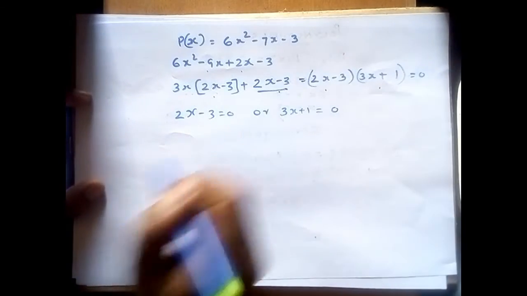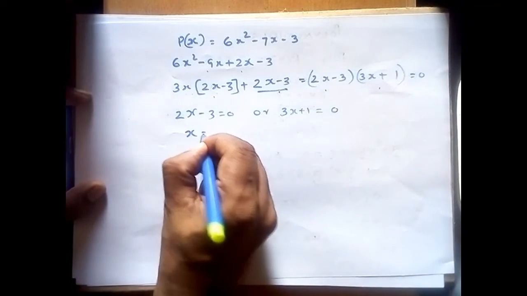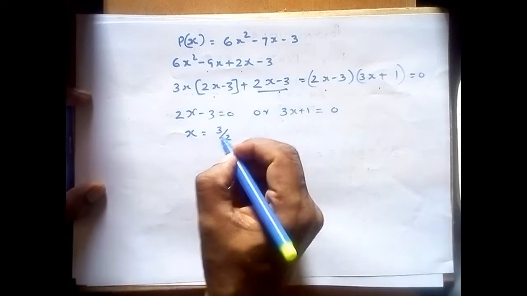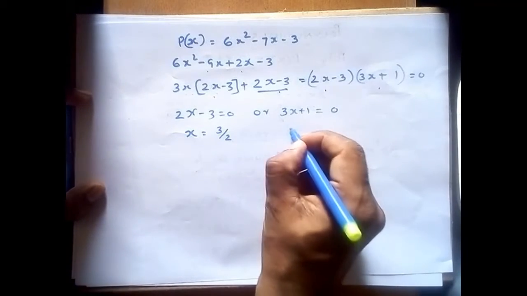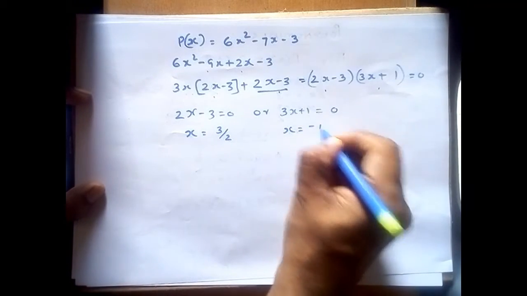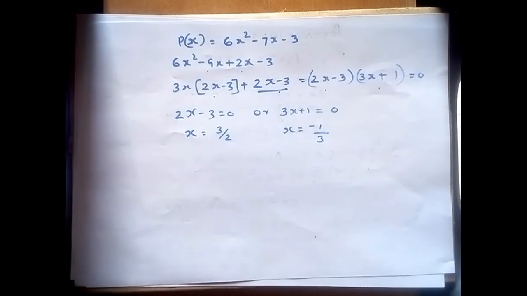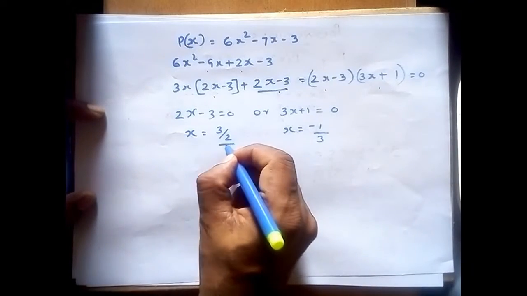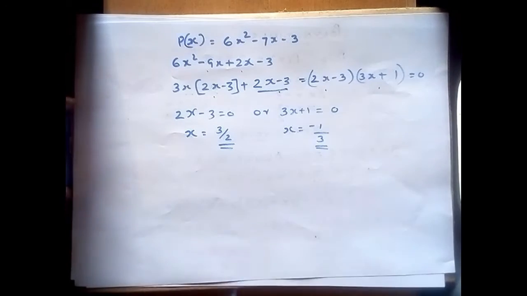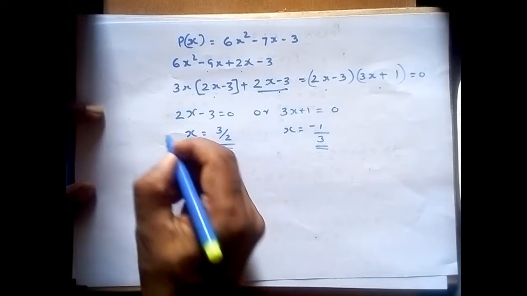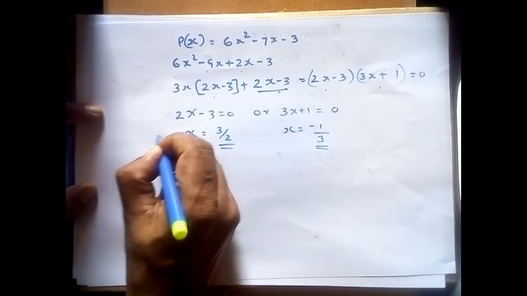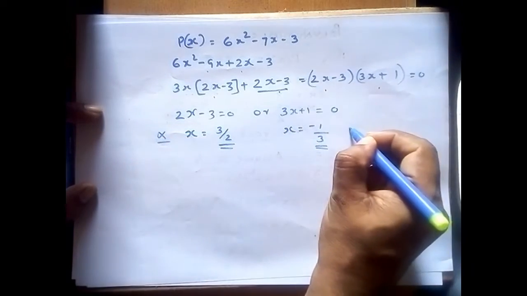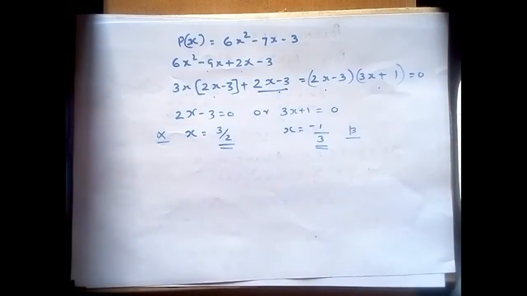So 2x minus 3 is equal to 0 means x equal to 3 by 2. 3x plus 1 is equal to 0 means x is equal to minus 1 by 3. So I have two roots for this equation. So they are alpha and beta. So this is alpha, this is beta.